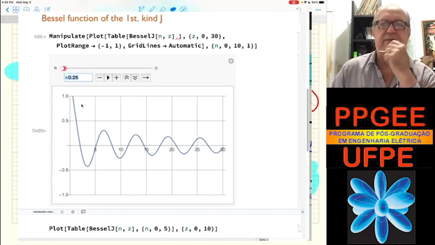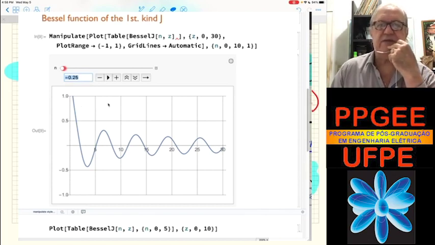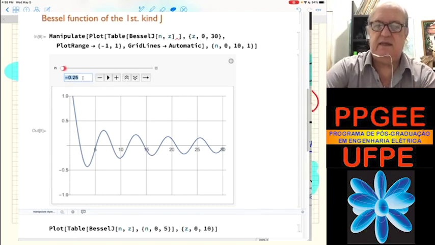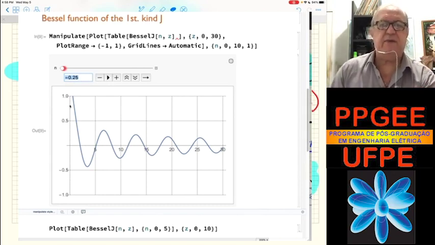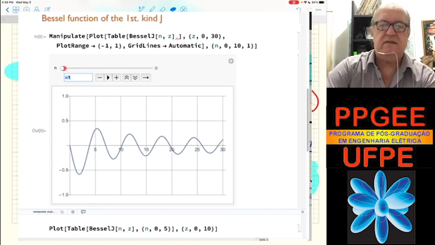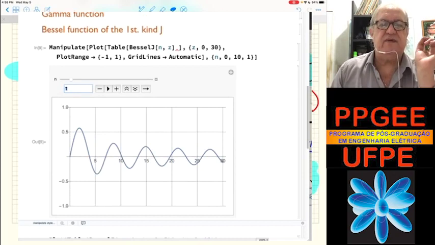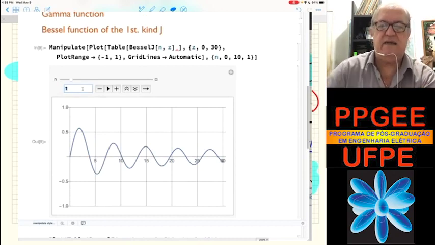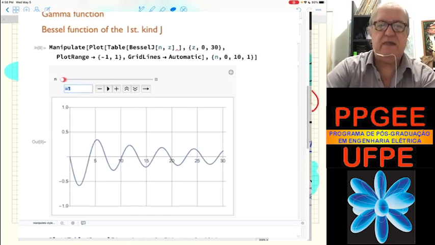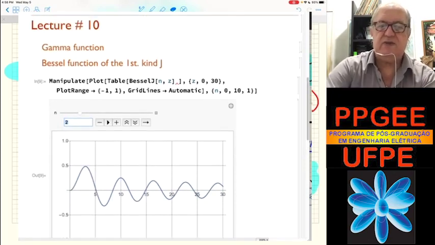So you see that is a Bessel function, a possible solution, of a negative order, because it's not an integer. But if I put here minus 1, you have a replica of the Bessel function of order 1, just with the minus sign. Then I can put 2 here, and minus 2, no change, they're the same, right?